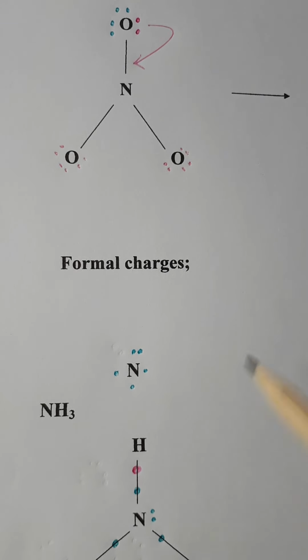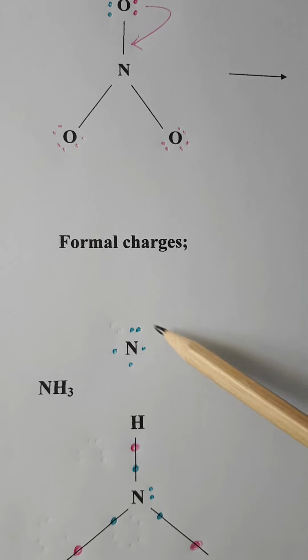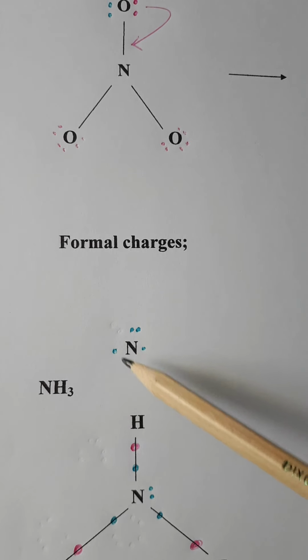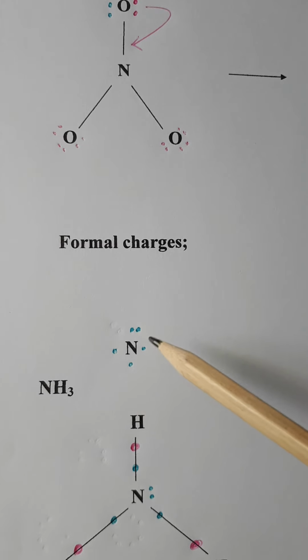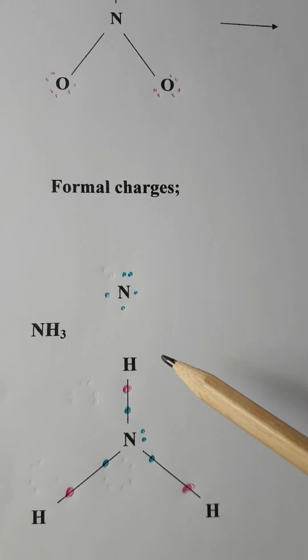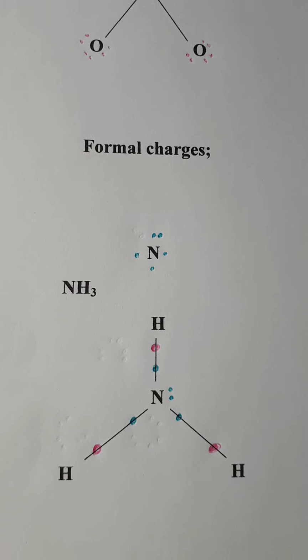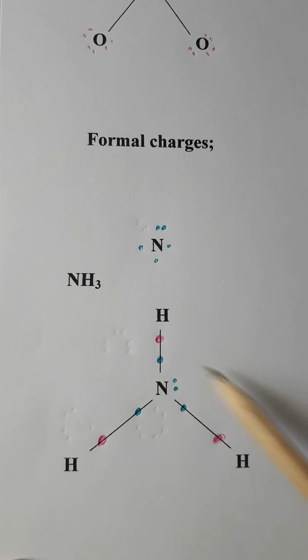Now if you have a lone nitrogen atom, remember our Lewis structures, 1, 2, 3, 4, 5. It has 5 electrons. So nitrogen is supposed to have 5 electrons in the outermost shell, so there is no charge on this atom. If you remember our ammonia molecule we discussed in lessons 1, 2, 3, you can draw this using the concept that I was just discussing.